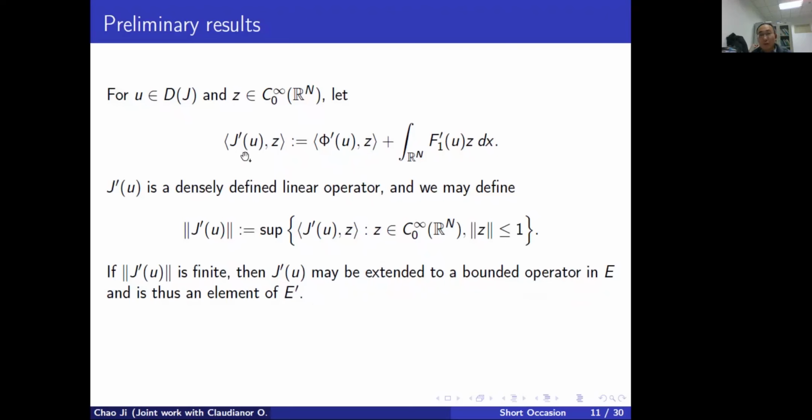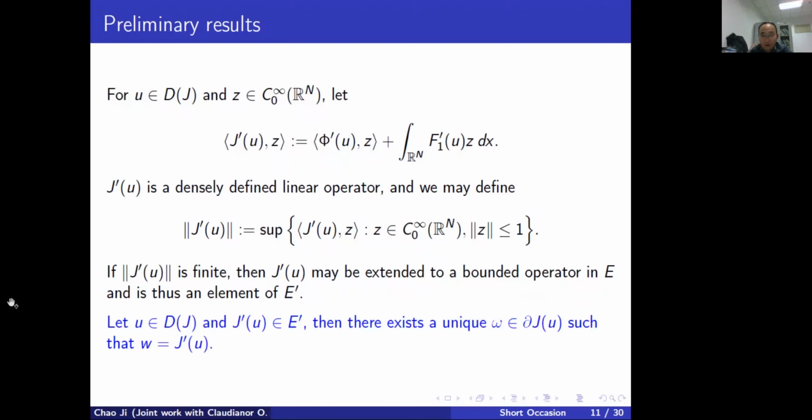So u is a critical point of the functional G. Okay, I have cited this.